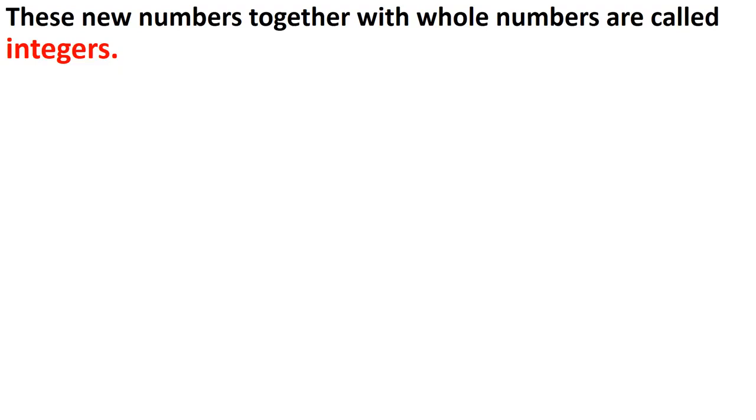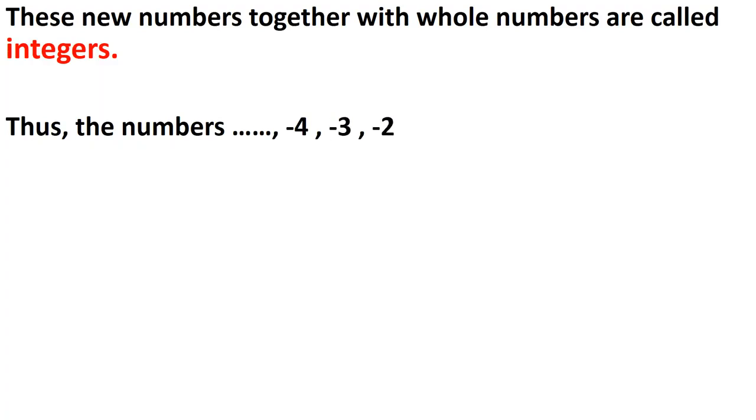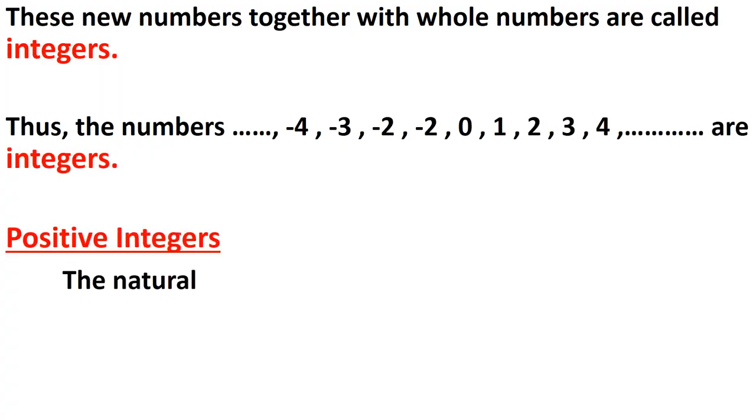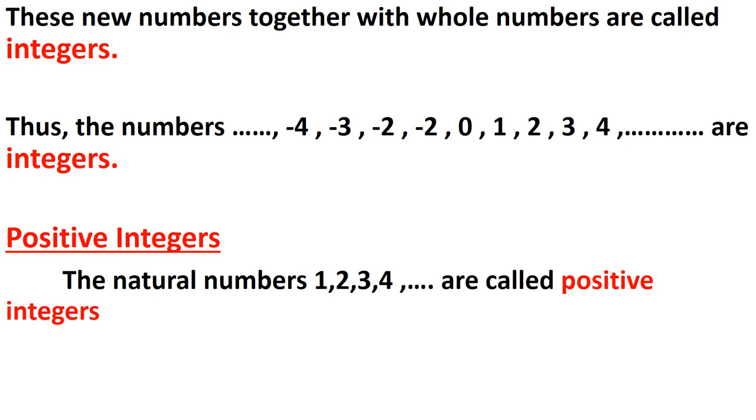All these numbers together make integers. Thus the numbers minus 4, minus 3, minus 2, minus 1, 0, 1, 2, 3, 4 are integers.